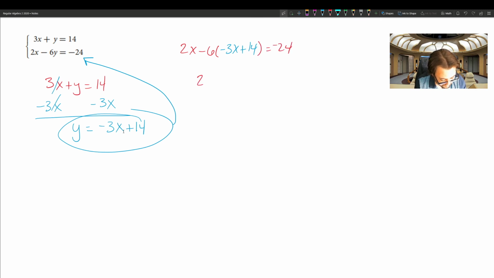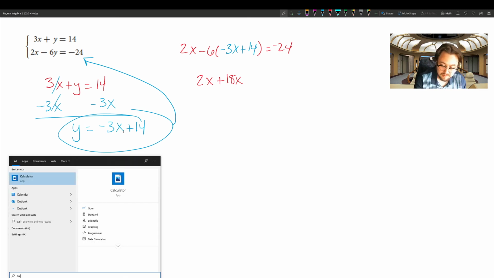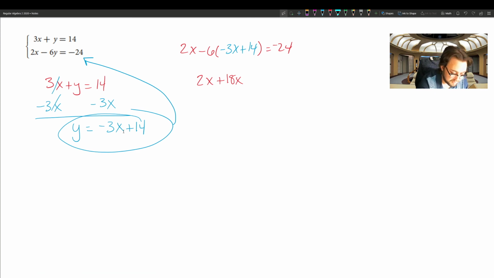Okay, so 2x, negative 6 times negative 3x is positive 18x. Negative 6 times 14, I don't know my multiples of 14, so 6 times 14 is 84, so it'll be negative 84 equals negative 24.